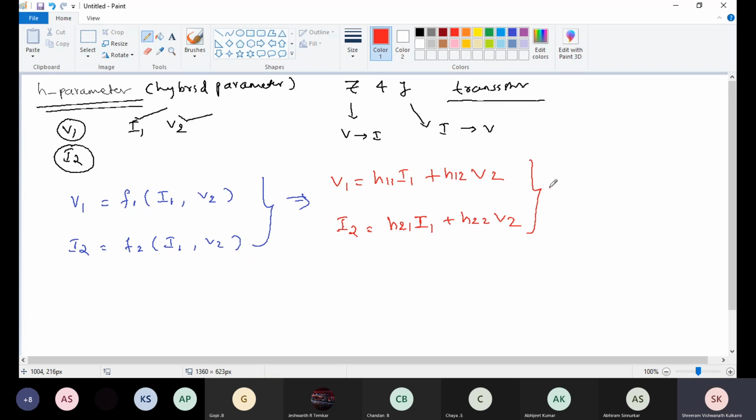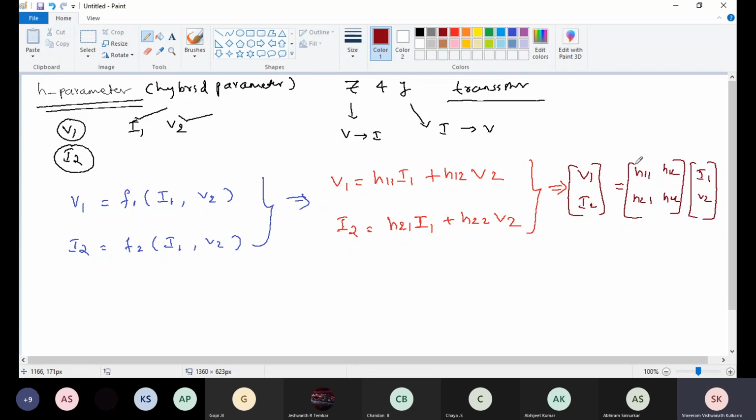I can write these equations in matrix form as [V1; I2] equals [H11 H12; H21 H22] times [I1; V2].